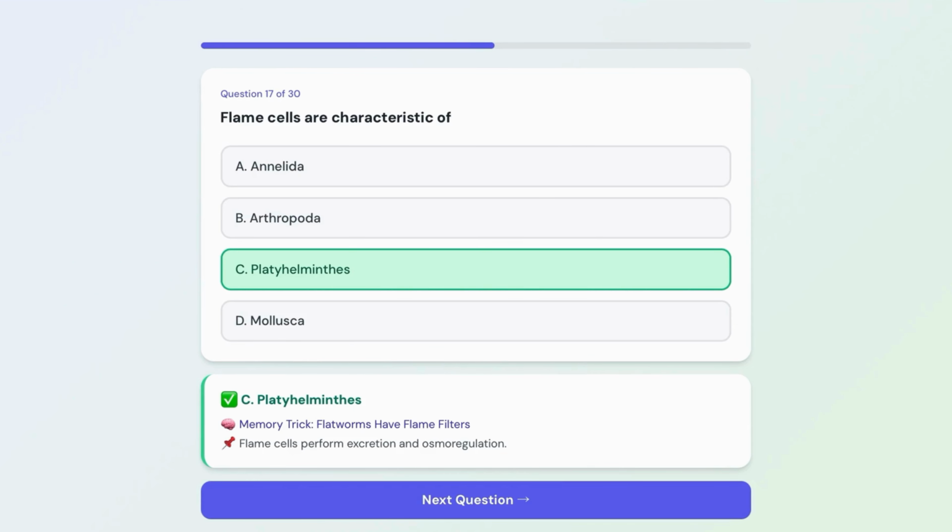You may pronounce it differently according to your region, but ignore the pronunciation and go to the concept. Flame cells are part of Platyhelminthes, and flatworms have flame cells. FLA, flatworms, FLA is equal to flame cells. That's how I know that they are in Platyhelminthes.